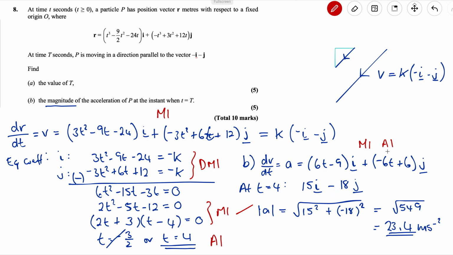The accuracy mark is for fully correct. Then a method mark for expressing that as a vector by substituting in the value that you found in part 1, even if it wasn't 4. Then another method mark for clear use of Pythagoras to find the magnitude, and an accuracy mark for the final answer correct.